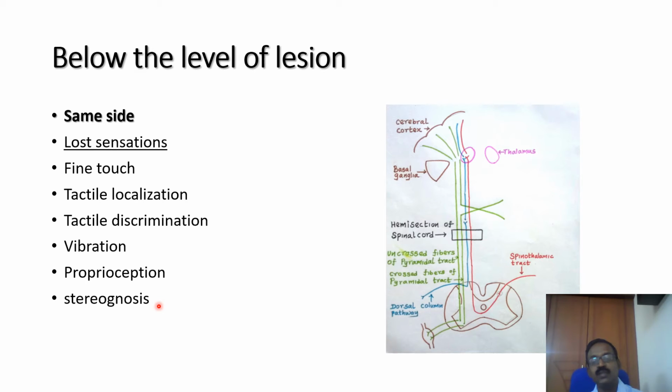Stereognosis is the ability to identify a familiar object with closed eyes by its size, shape, and texture. These sensations are carried by the dorsal column pathway, the blue one. On the same side the dorsal column pathway is affected, so it will lose the dorsal column sensations.